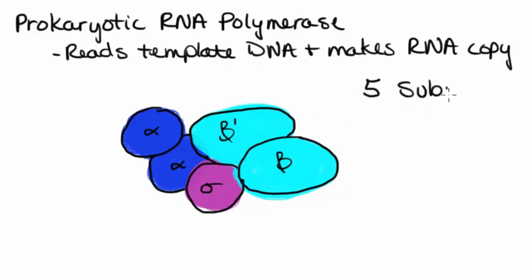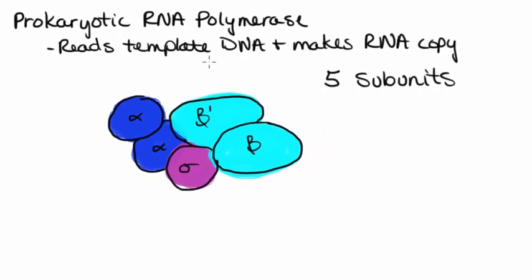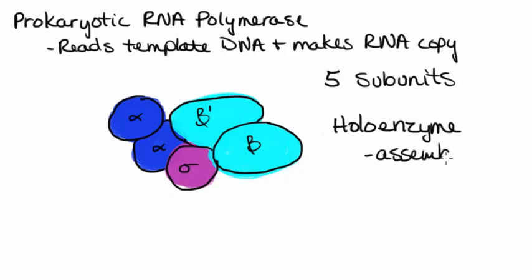When we have all of the 5 subunits together, we refer to it as holoenzyme, and holoenzyme would be the part that is going to assemble on that -35 consensus sequence that we just looked at in the promoter region.